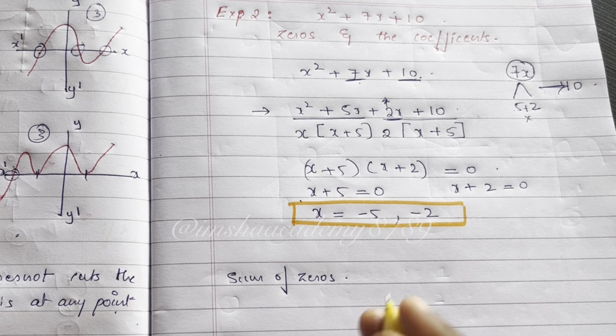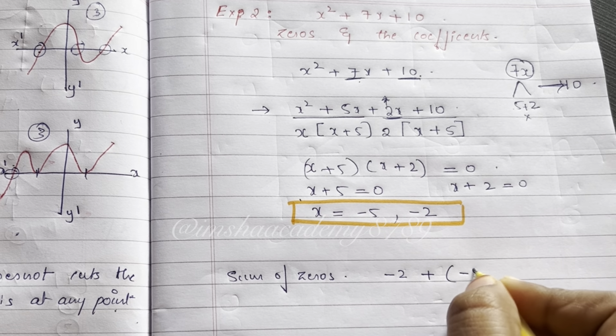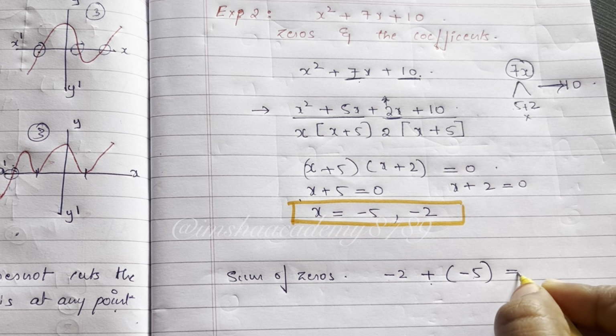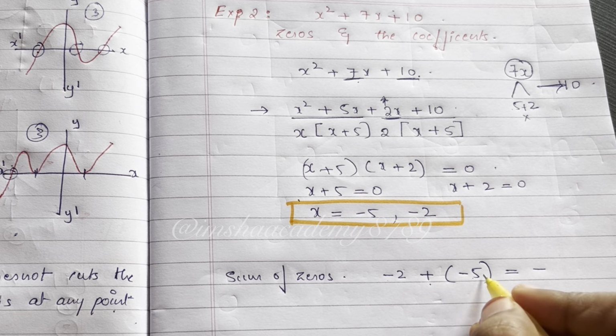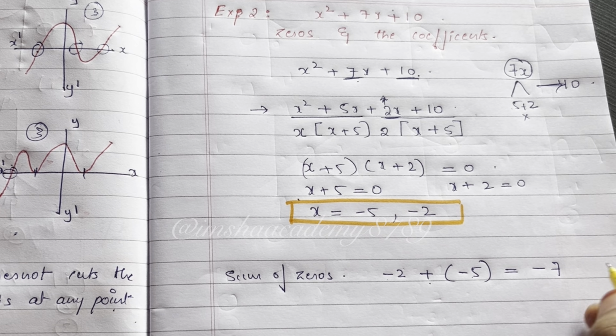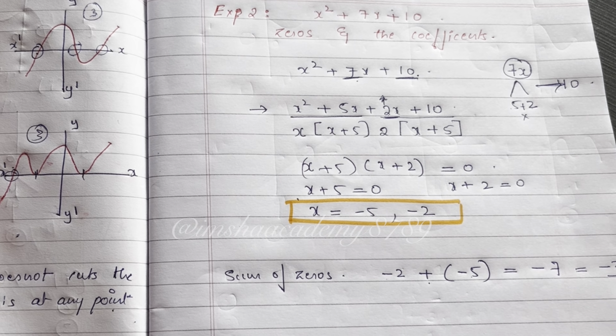So the sum of zeros will be minus 2 plus minus 5. We have to add them. So what will be the answer? When we take the minus out, 5 plus 2 is 7, so minus 7, or you can even write it as minus 7 by 1.